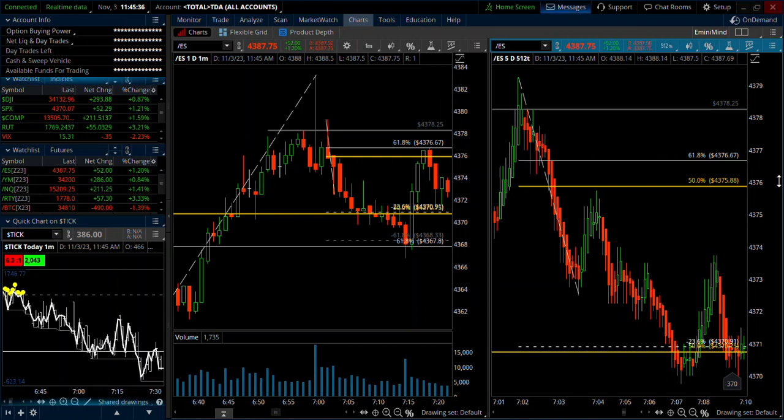Every once in a while you get what we call a magic fill, where price just touches your order and that's as high as it goes. But with first in, first out, you need price to trade through your order to make sure that all the orders were filled at that price level. So a nice clean touch there.